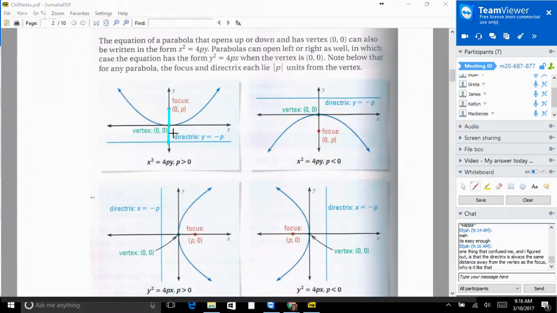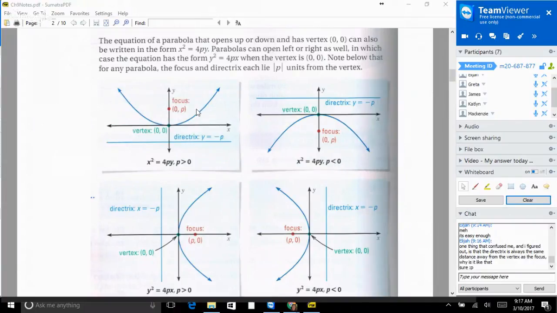And the only way those two are equal is if they're both equidistant away from the center. Did that help? I'm not sure. Sure. Okay.